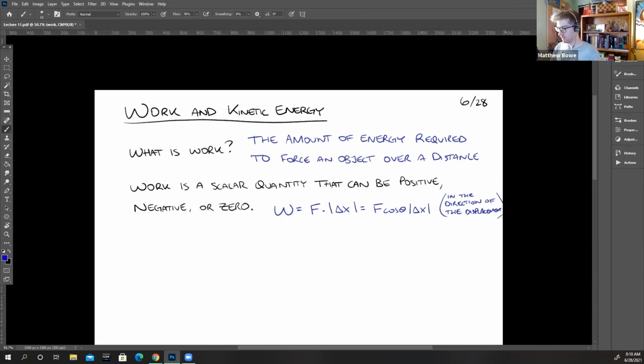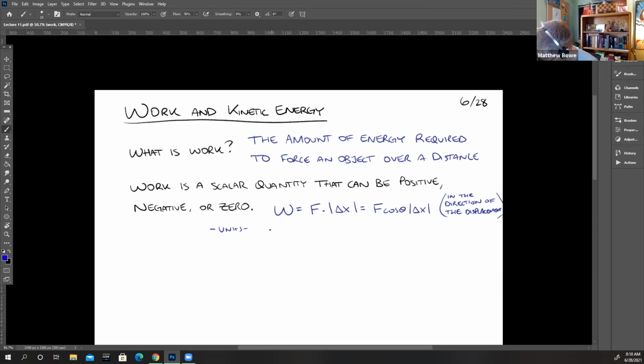Last thing, while I'm on this equation for work, I can write out what the units are. What are the units of work? What are the units of energy? The units of energy are joules. So I'm going to go straight down.